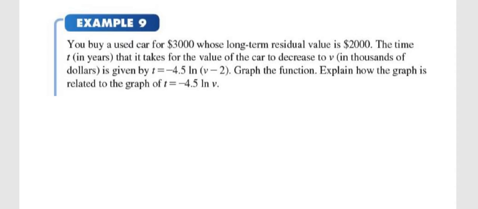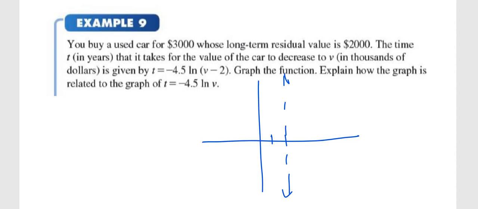And so negative 4.5 natural log, and I'll use x minus 2. And so we get something when we graph it on the calculator. 2 units over, there's your vertical asymptote. Because of the negative multiplier, we are doing something like this, because it's a reflection across the x-axis. So first it got reflected, then it got shifted over 2 units to the right.